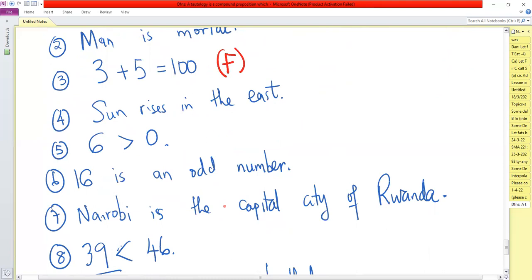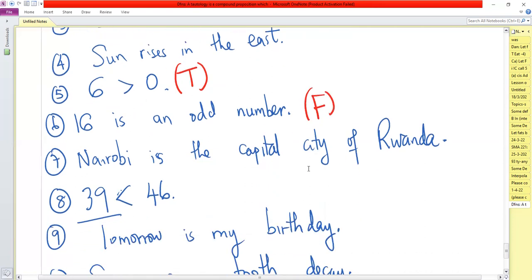The sun rises in the east can also be classified. 6 is greater than 0 is a true statement, so its truth value is true. 16 is an odd number, we know this one is false. Nairobi is the capital city of Rwanda is not true, so this is false. 39 is less than 46 is actually a true statement.